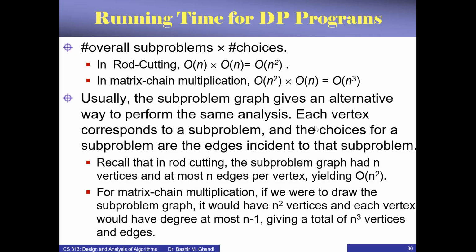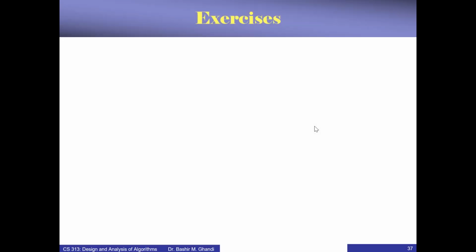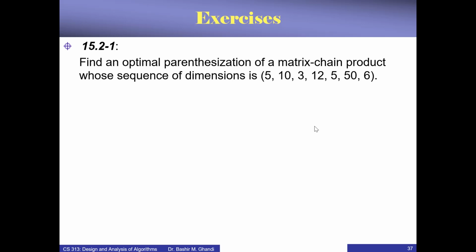And that brings us to the end of our discussion. The last part is the exercises. These are from the book. The first one is saying find an optimal parenthesization of a matrix chain product whose sequence of dimensions is given here.